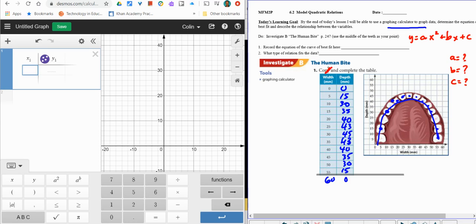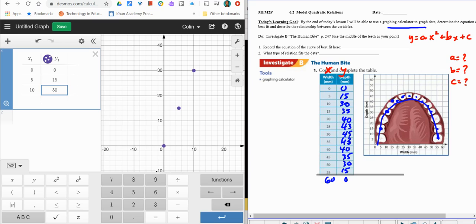All right, so we're just going to plug those numbers in. At 0, 0, okay, the next one is 5, 15. Okay, we keep going. 10, 30.